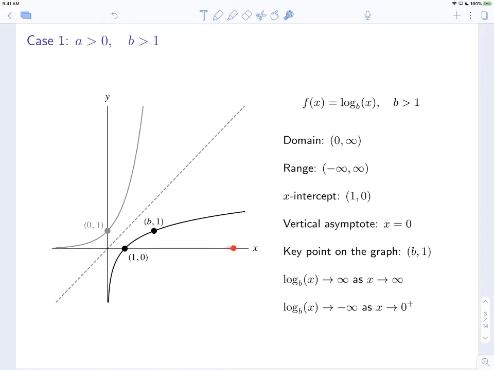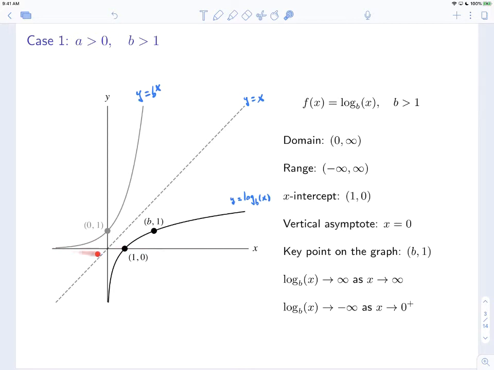But if you reflect the exponential curve, y equals b to the x, through the line y equals x, to get the logarithmic curve, y equals log base b of x, you also have to reflect its asymptotes.